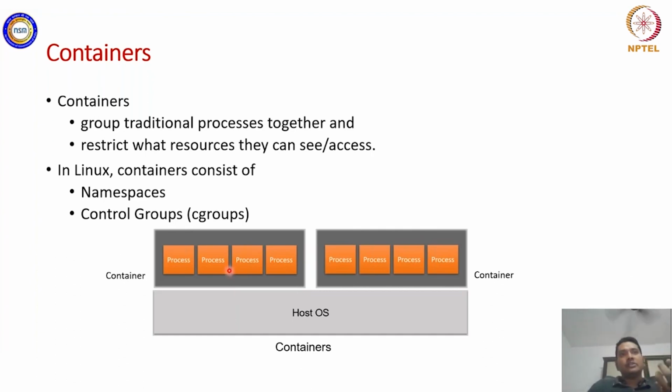So containers group traditional processes together and restrict what resources they can see and access. If you are familiar with namespaces, you can see that processes share namespaces. So if you create one separate namespace and control group for one set of processes, then you can create one container and contain these processes in these control groups and namespaces.